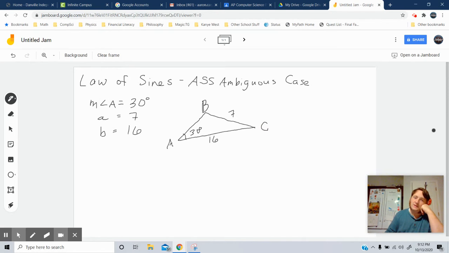The idea is that because we have an angle not included by the two sides, that's what causes problems with these problems. Also, as a reminder, because it's an oblique triangle, no right angle, we would use law of sines.